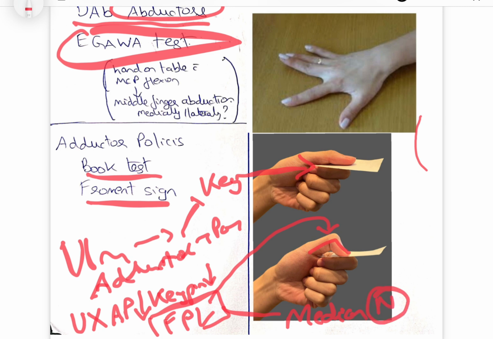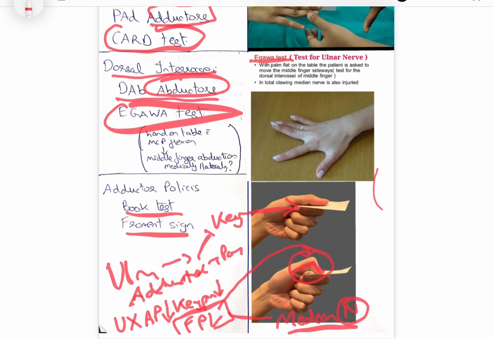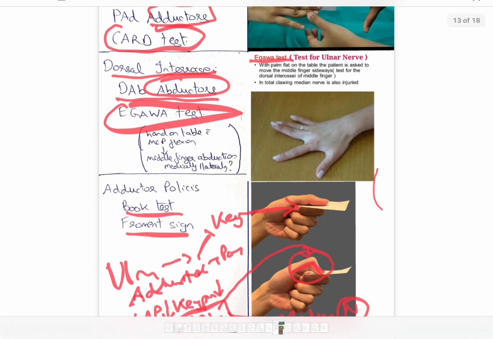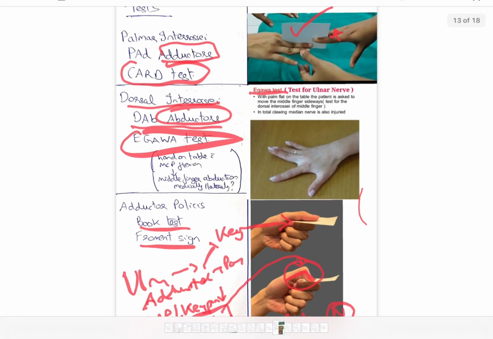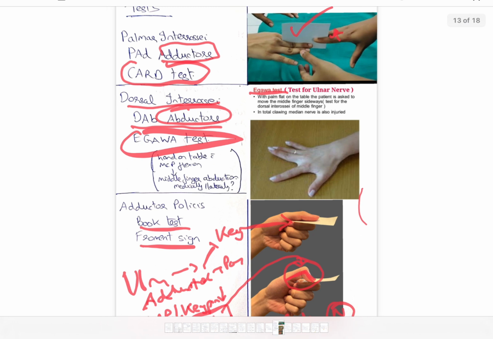So as a compensatory mechanism for the weak adductor pollicis due to the ulnar nerve palsy, to preserve the key pinch, our body flexes the IP joint by the FPL muscle due to the intact median nerve. So whenever we see this kind of picture of flexion at the IP joint, we say that the Froment sign is positive and the book test is positive for ulnar nerve palsy. These were the three important and famous tests which you should know and understand in detail.